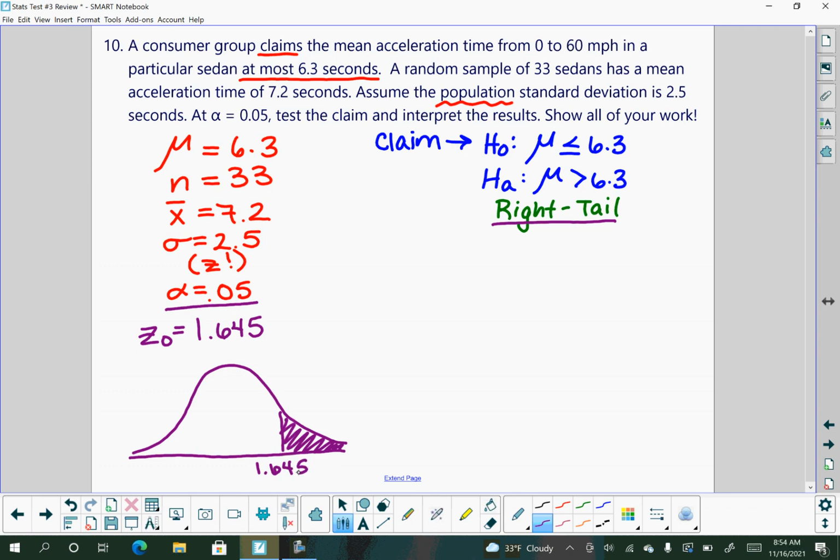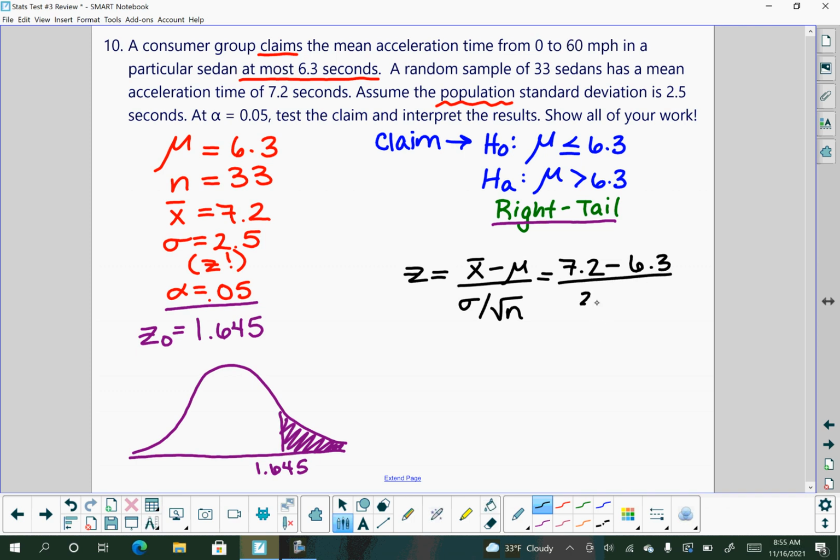Okay, so now we're going to find our z value based on the sample set of data. And the formula that we're going to use for this is as follows. You can find this under the Chapter 7 formulas on your sheet. And we have all this information. Our x bar is 7.2. Our population mean that we're testing is 6.3.